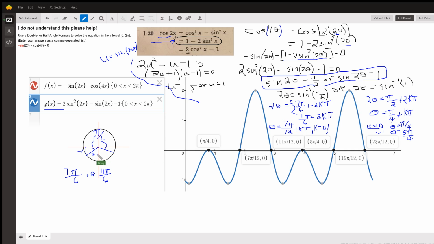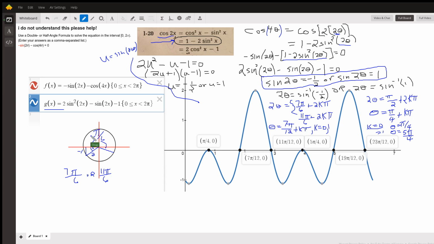If you use the unit circle to figure out what 2 theta is, think of the special right triangle 30, 60, 90. Or in this case, sine is negative in the third and fourth quadrants. And if I put a negative 1 here and a 2 here, this angle right here has to be pi over 6.